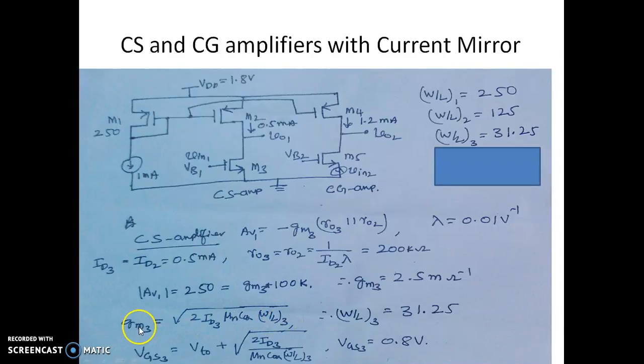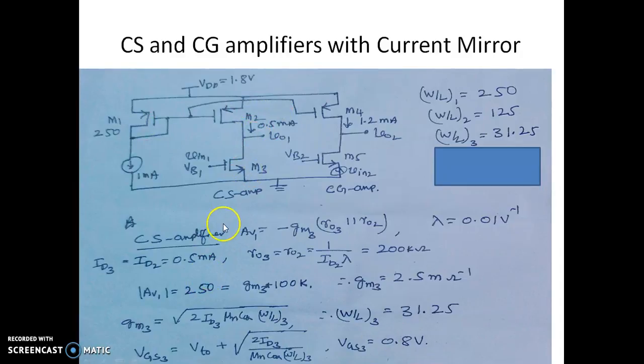From this expression, we know everything except W by L of 3, so we can estimate W by L of 3 as 31.25. So if we have this M3 with 31.25 as the W by L ratio, this 125, and this our reference transistor 250, it guarantees a current of 0.5 milliamperes and a gain of 250.